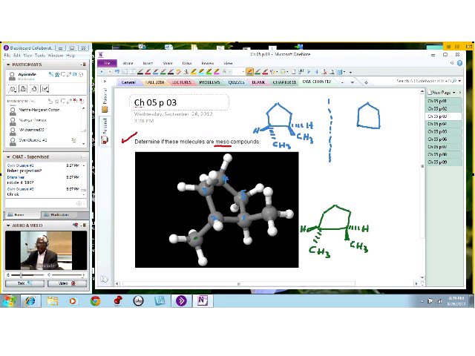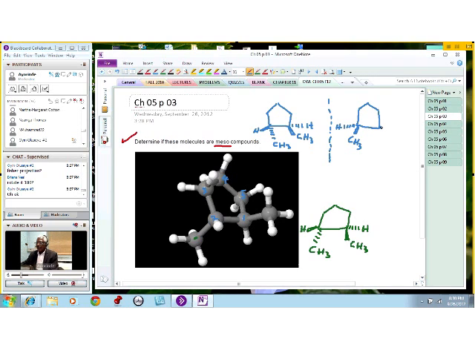Once again, the methyl is coming at you, and the hydrogen going away from you. And here, on the other side, the hydrogen is coming at us, take that back, I got it backwards.